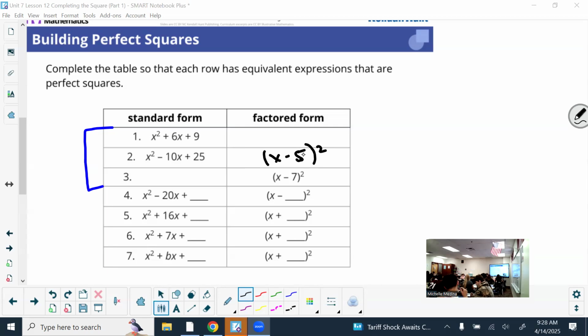But yes, x minus 5 times x minus 5. Since it's the same parentheses, we're going to write it as x minus 5 in parentheses squared. And that comes from doing the diamond method. But really, anytime you're factoring, look for and factor out a GCF if there is one. There's not. So then you are setting up your diamond, A times C on the top, B on the bottom.